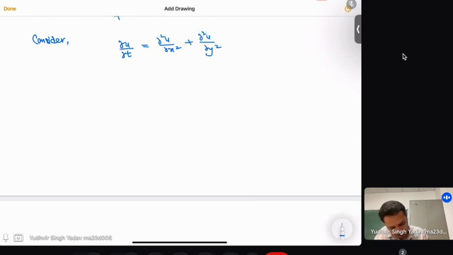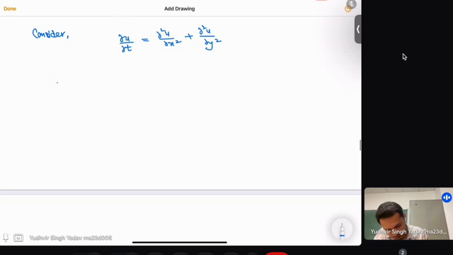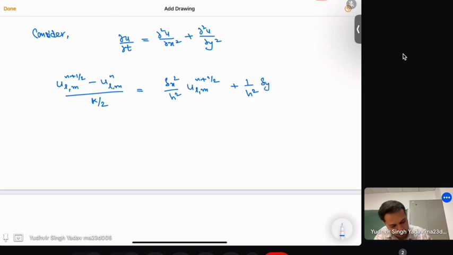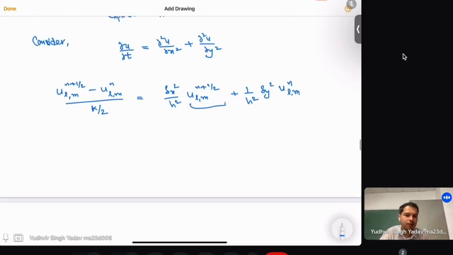According to the first step, using the forward scheme for the time step, U(l,m) at n plus half minus U(l,m) at n, over k by 2, equals 1 by h square delta x square U(l,m) at n plus half plus 1 by h square delta y square U(l,m) at n. Here we have taken the time step as n plus half.